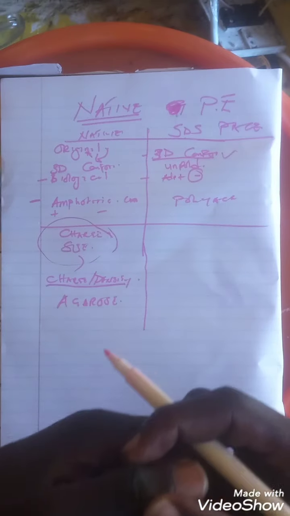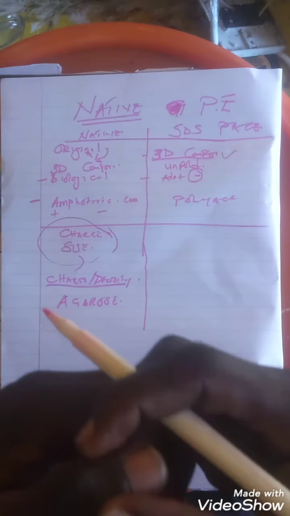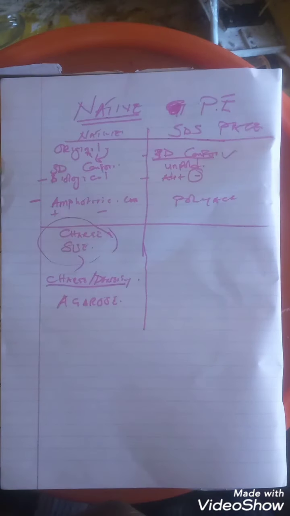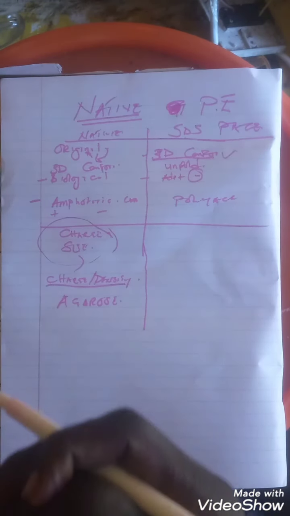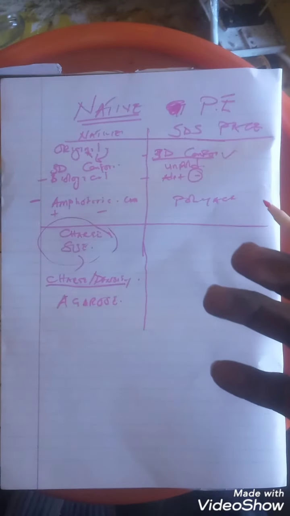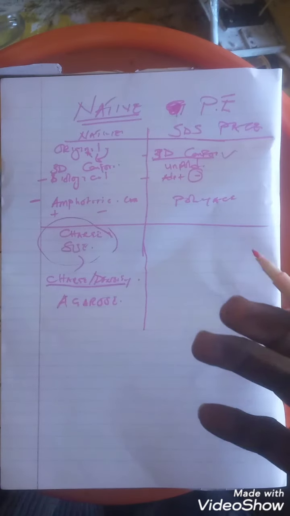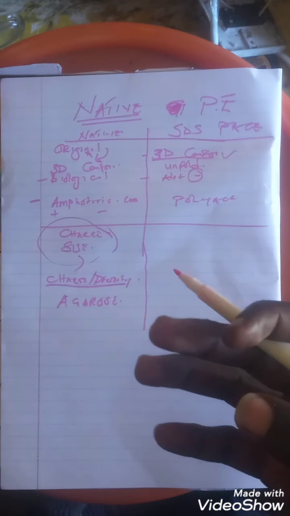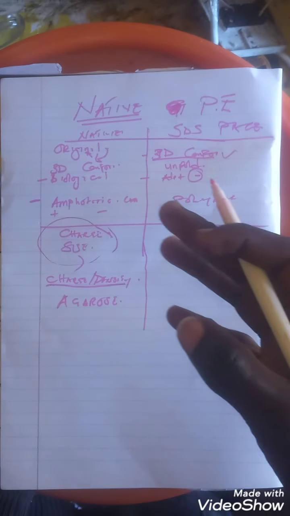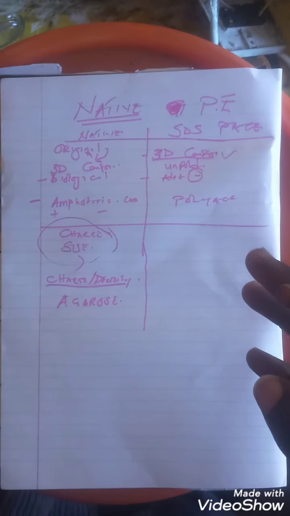So native PAGE is a bit less effective, but the advantage is that when it is effective, when it goes through, it has an advantage compared to SDS-PAGE. Why? Because the proteins will still be biologically active and they can be acquired after being separated and used.